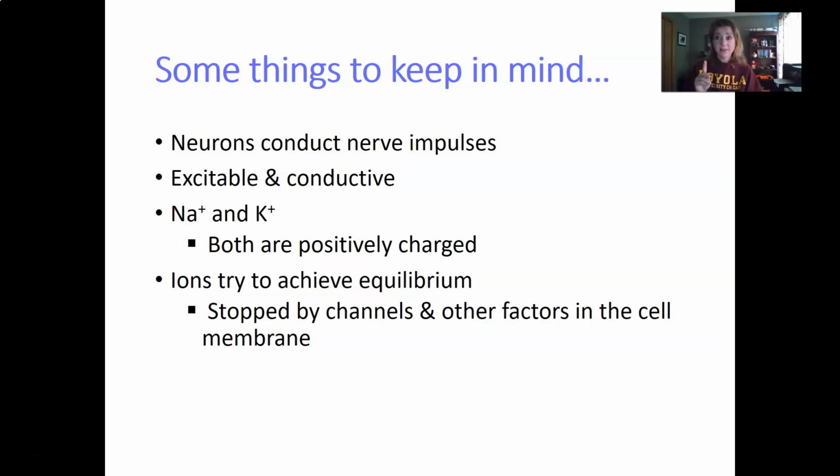But they're going to be foiled at some point because of the channels that exist in the cell membrane of the neuron. There are also some other factors in the cell membrane too that are going to prevent this equilibrium from happening. We don't want this equilibrium to happen, you see. We want there to be a gradient so that changes can happen very, very quickly, and therefore we can respond to stimuli very, very quickly.